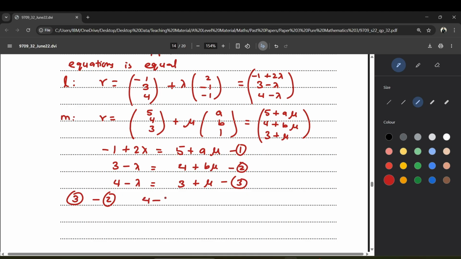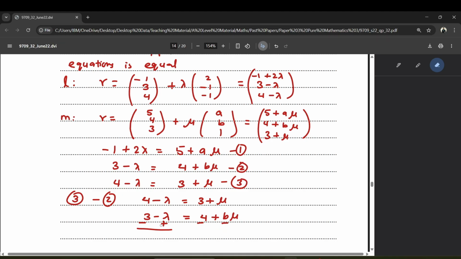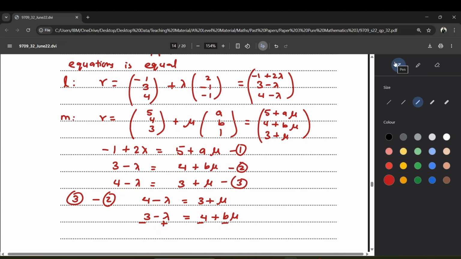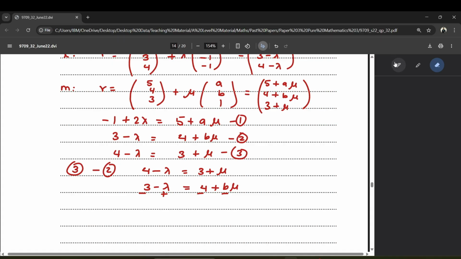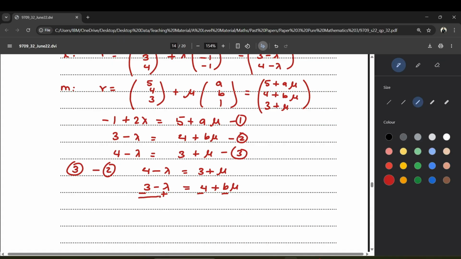Let us first write that down. 4 minus lambda equals 3 plus mu, and 3 minus lambda equals 4 plus b mu. So this is equation 3, this is equation 2. I'm subtracting them. Okay, 4 minus 3 will be 1.